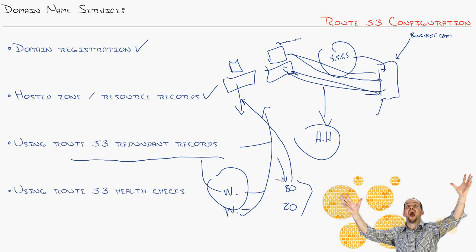Now, where it gets funky, and if you're studying for the AWS certification exam, you can imagine they're going to get funky, is what if I type in 80, 20, and then I create a third weighted record, and that one's a 30. Well, you just messed up all your math, right? And that's why I say these numbers are relative, because they're all percentages of each other. The way to figure it out is to add all the numbers together.